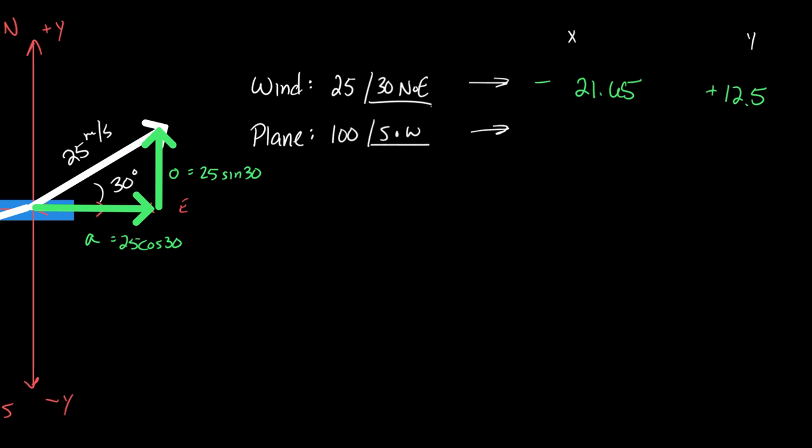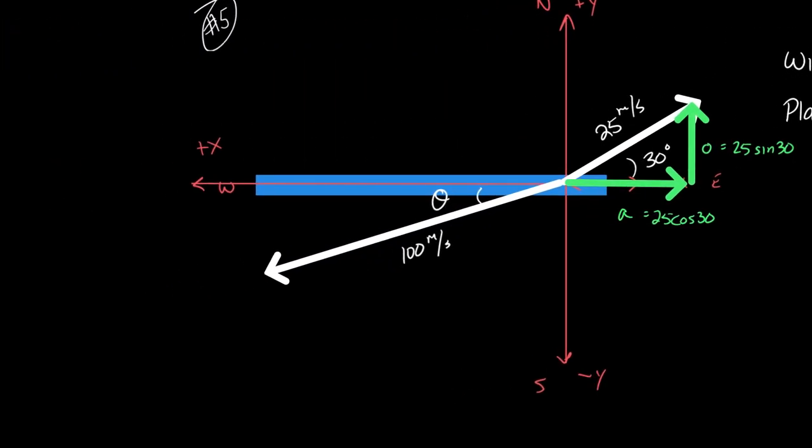All good? All right. The plane is a little different because I don't have the angle, but I can still do all of these things we're talking about. I'm going to draw in my components. I'm going to label this the adjacent side and this the opposite side. Opposite side is going to go with the sine, so this is going to be 100 sine theta, and it's in the negative y direction.